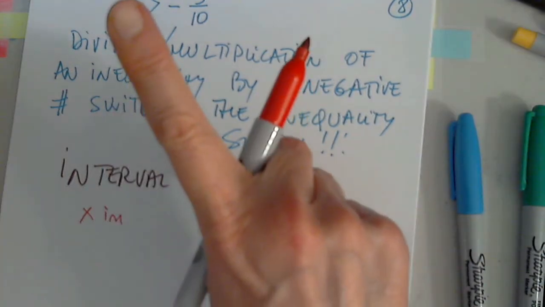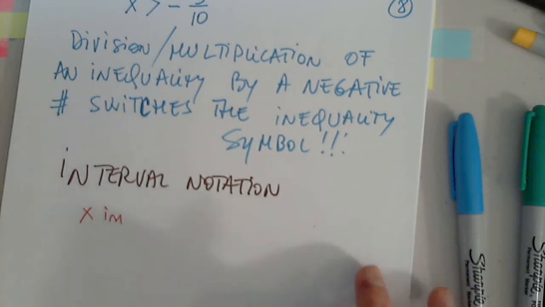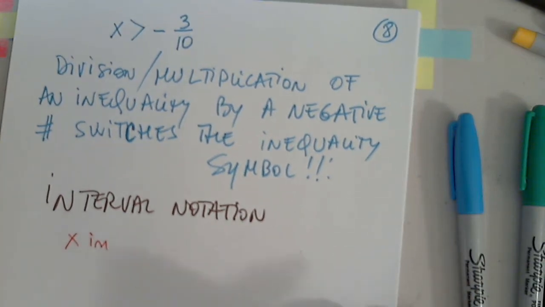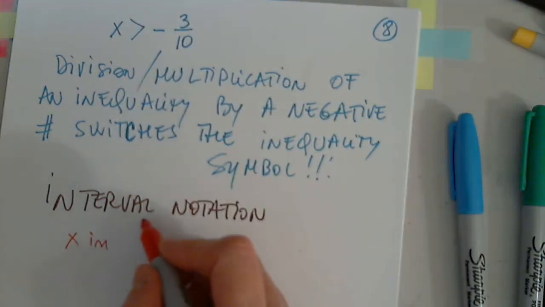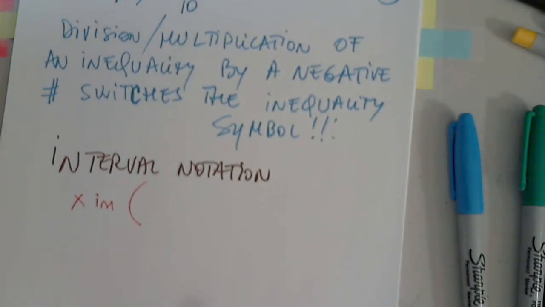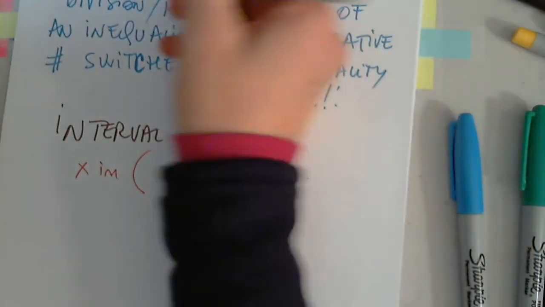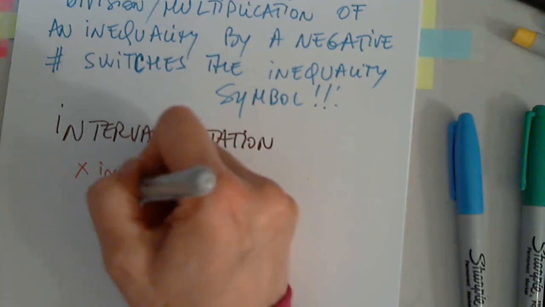I forgot the formal name of it. It's either parentheses or brackets, but because there is no equal symbol, I must use the parenthesis. The equal symbol will change into a bracket.